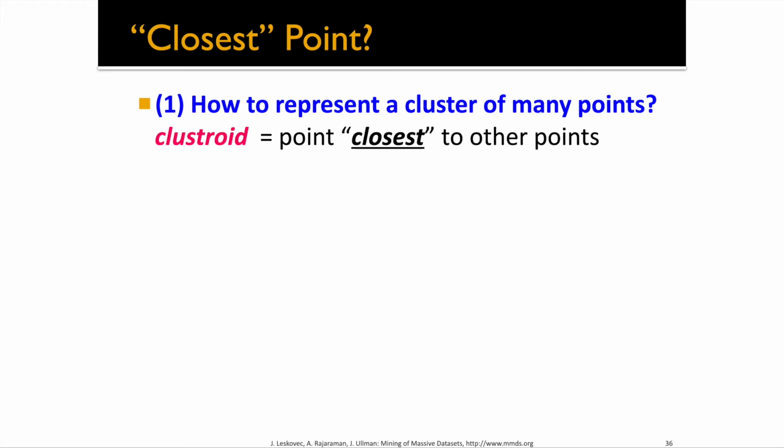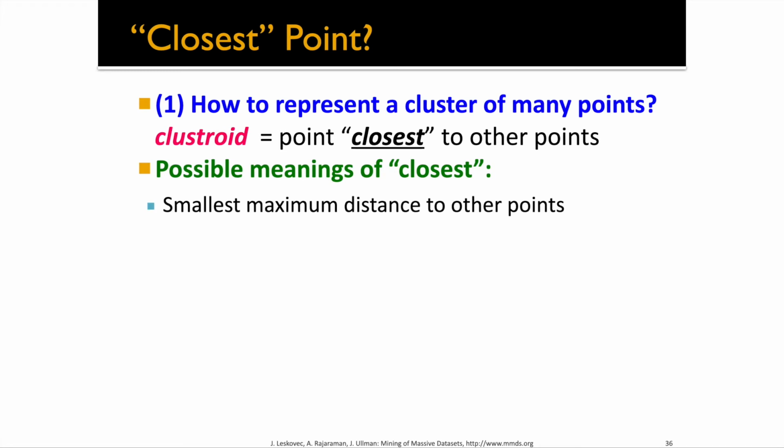We can't evaluate an average point, but we can select a particular point from our data to represent this cluster. We want to select this point in an intelligent way. We do so by saying the clustroid should be the point that's closest to all other points in this particular cluster. But then we have to wrestle with another question of what does it mean to have a point that is closest to all other points.